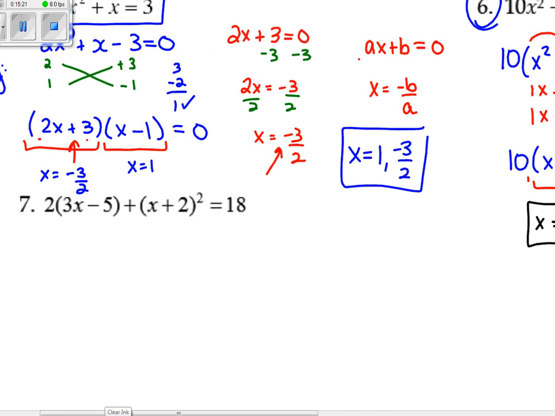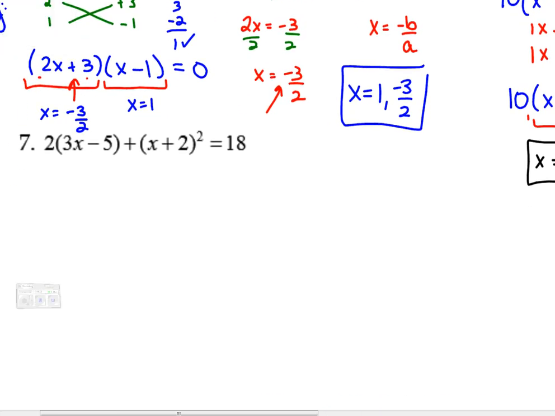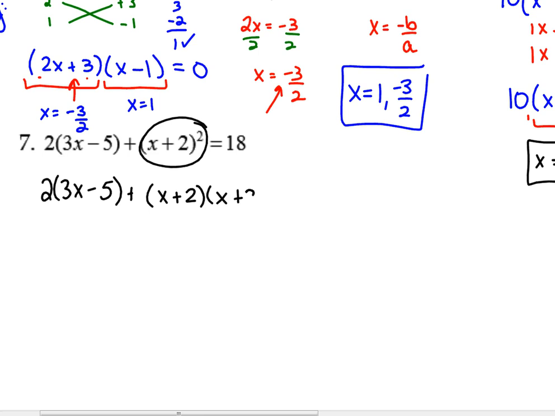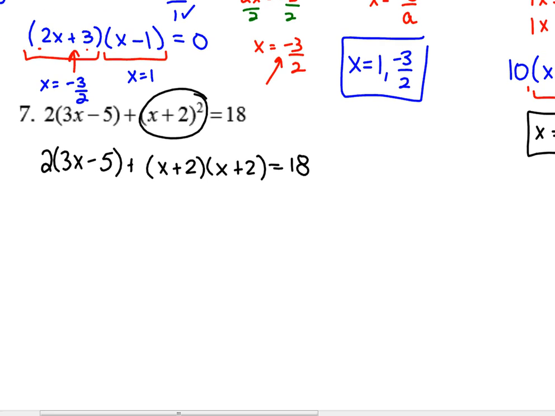Distributive property and FOIL, yes. So remember that, I'm just going to rewrite this out. When you have x plus 2 squared, how would you write that written out? x plus 2 times x plus 2, good. Right? We'd have to multiply it by itself. So we're going to use some distributive property with the first set of brackets.